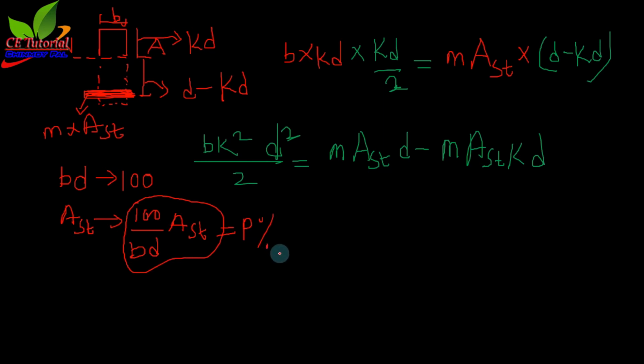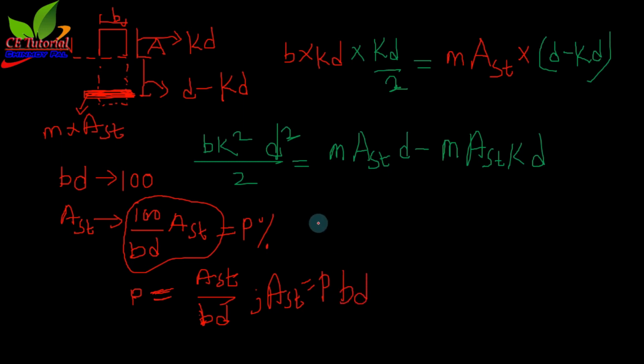So P equals AST by BD, so AST equals P BD.